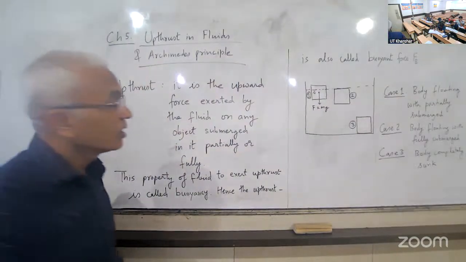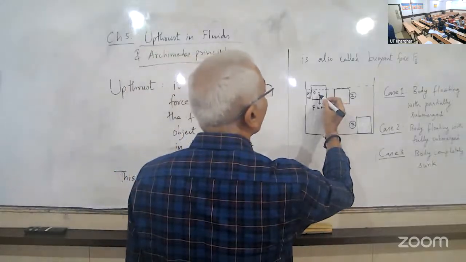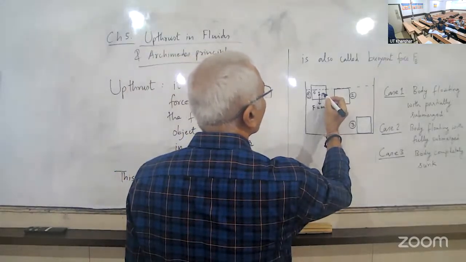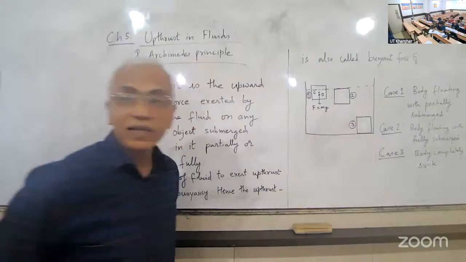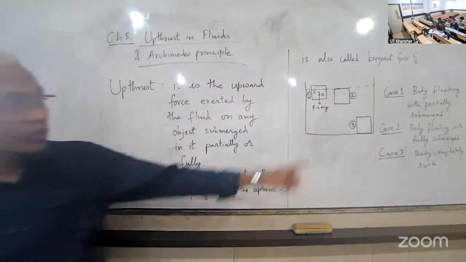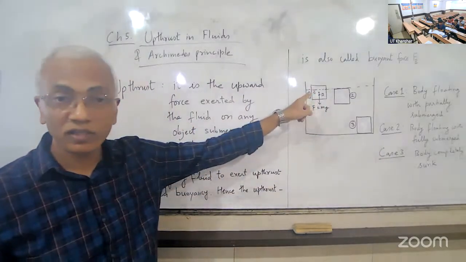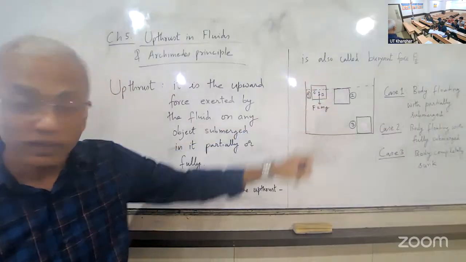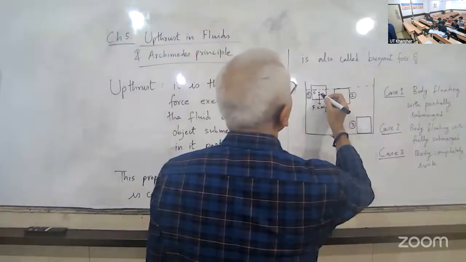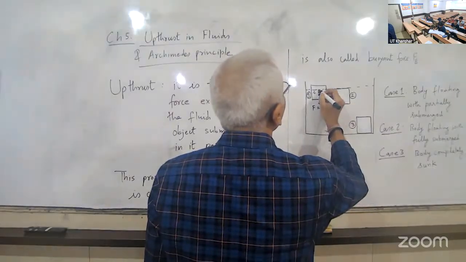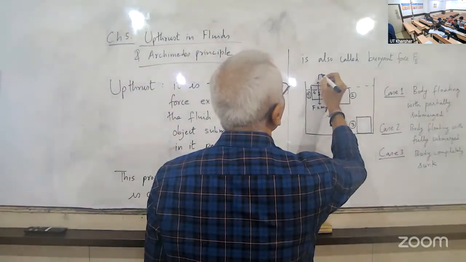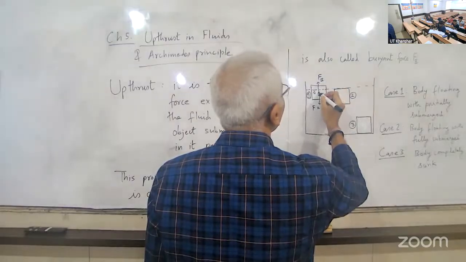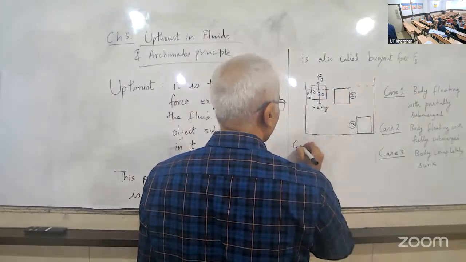And where is the upthrust acting on it? Gravity acts at the center of gravity, whereas buoyant force acts at the center of buoyancy. That is B. Buoyant force is acting here. Right. So what is G? Center of gravity.